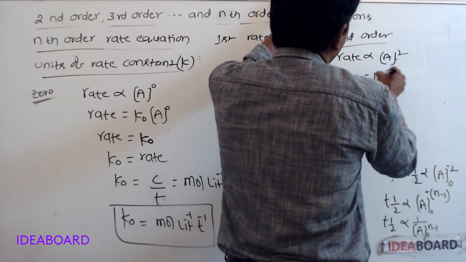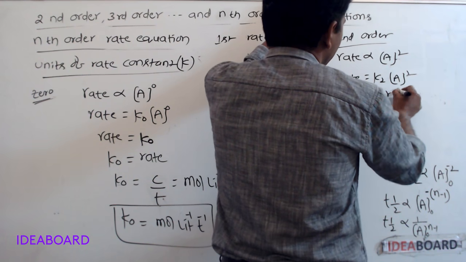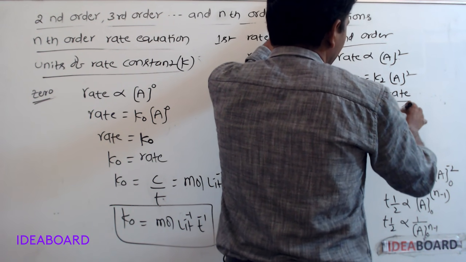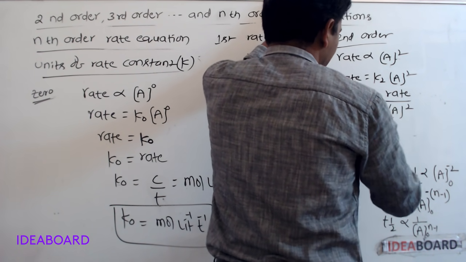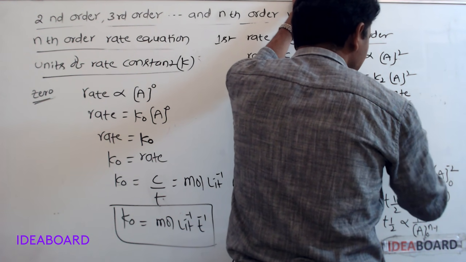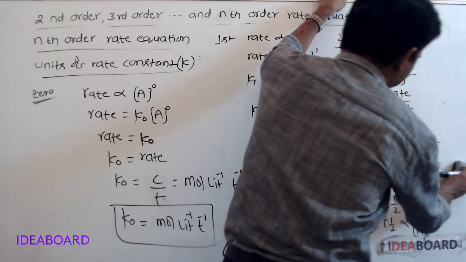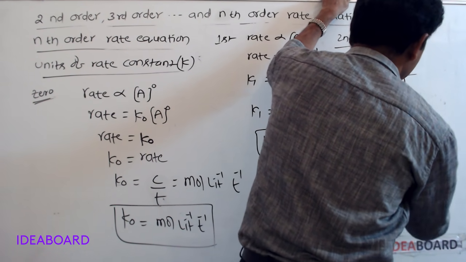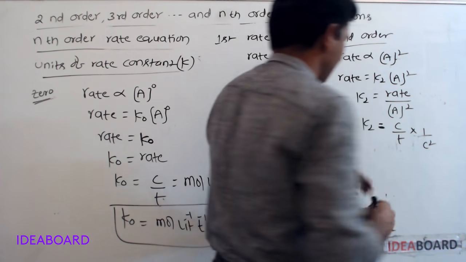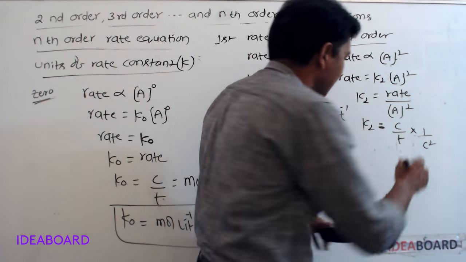Rate is equal to K2 into A concentration square, so K2 is equal to rate by A concentration square, which is concentration by time into 1 by concentration square.